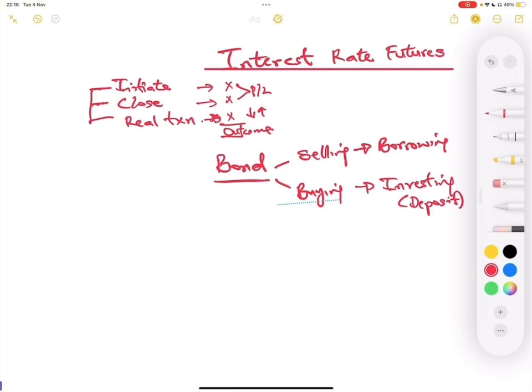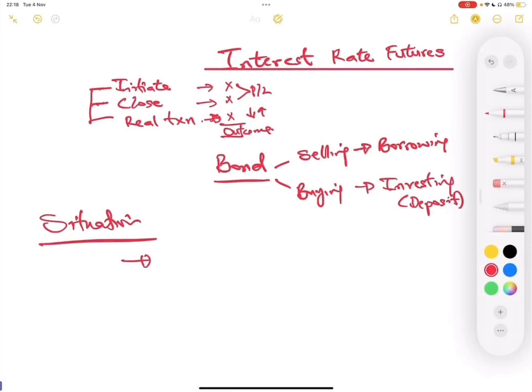So which means that if you are looking for a future to use, like I always tell you, your future must always go in the same direction of the transaction that you are trying to hedge.